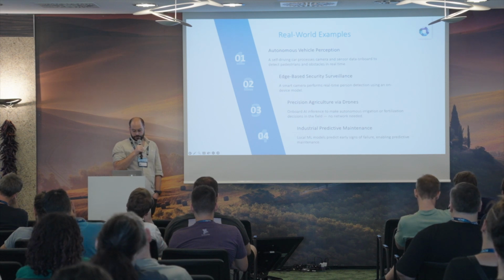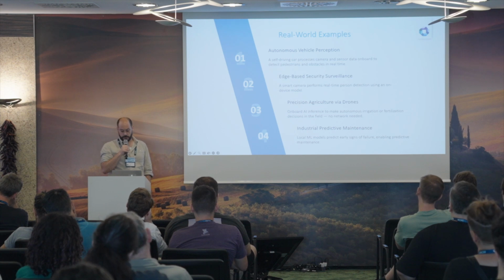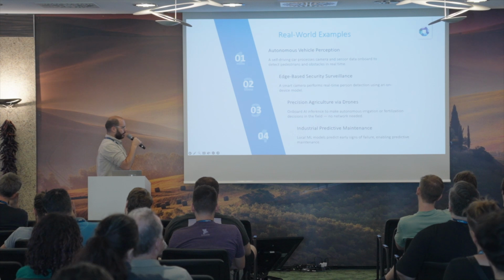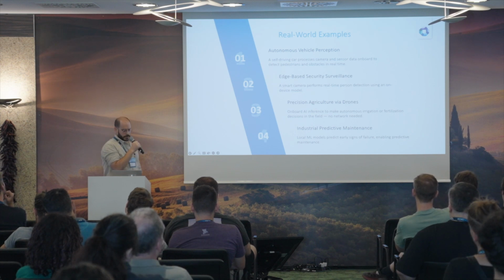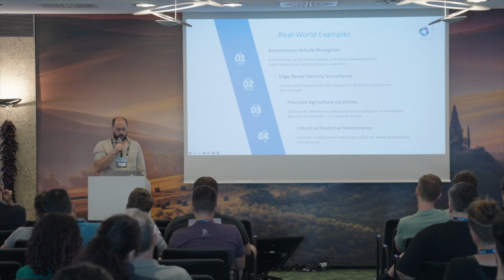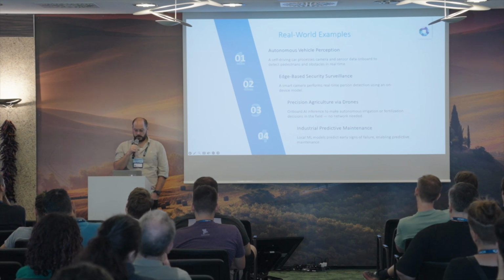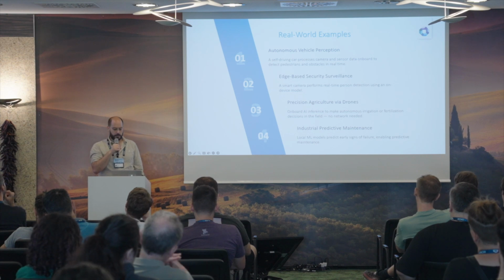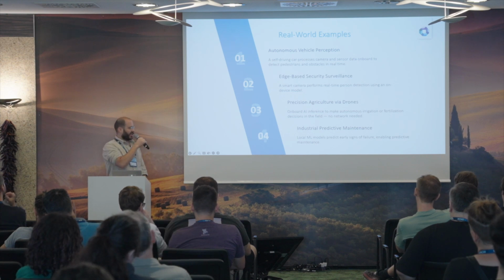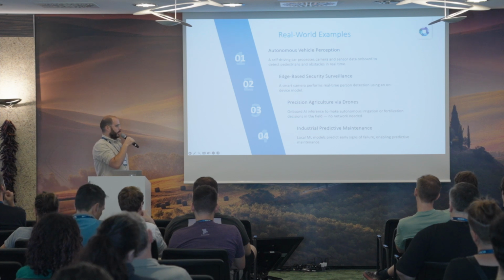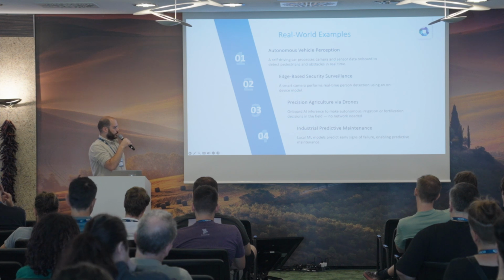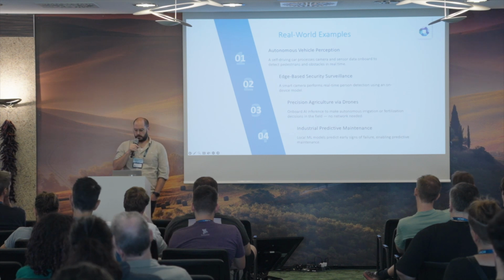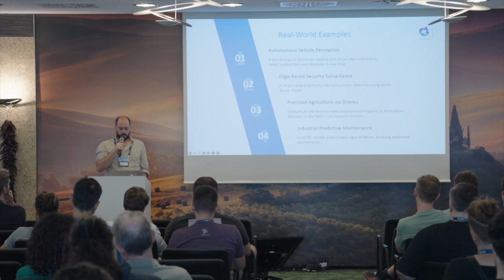And then the last one, which will also be the use case I brought with me, is industrial predictive maintenance. There we have, for example, gear on different devices which are maybe not connected to the internet every time, and where we need to predict failures and also enable direct actions in this use case.